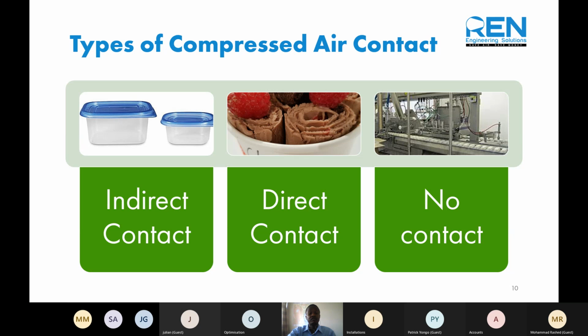The second type of contact is direct contact, where the compressed air is an ingredient or is mixed with a product for transportation or other activities like that. And the last type of contact is no contact at all. A good example is instrument air for automating processes, which doesn't come directly into contact with your products.